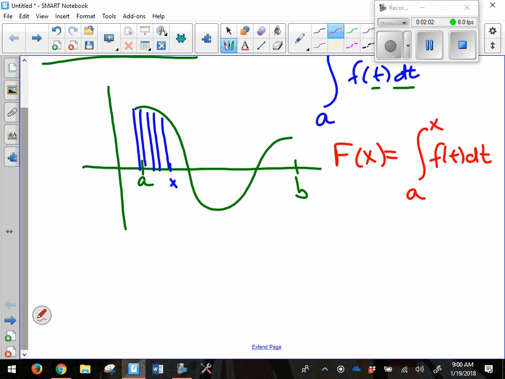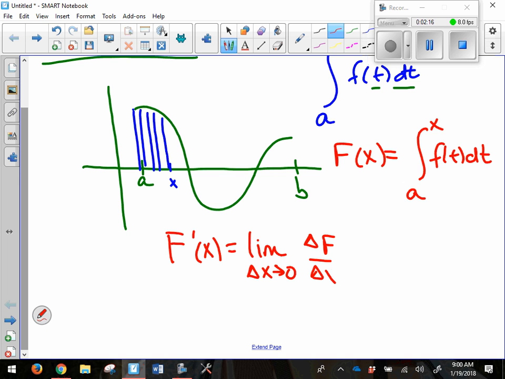And then they told you that the derivative of capital F was the limit as delta x went to 0 of delta F over delta x, which makes sense because what is a derivative?